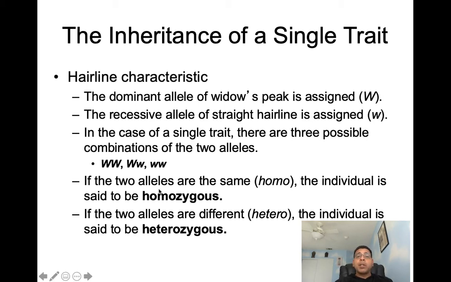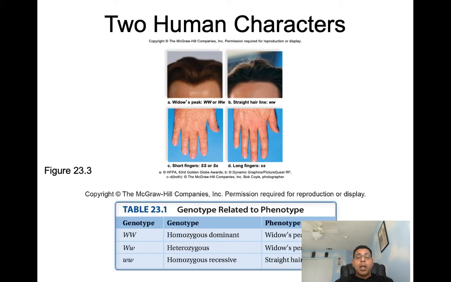These are considered the possible genotypes for this trait. If the two members of the allelic pair are the same, the individual is said to be homozygous. Now, both capital W and lowercase w pairs are considered homozygous. Capital W, capital W is considered homozygous dominant, and then lowercase w, lowercase w is considered homozygous recessive.